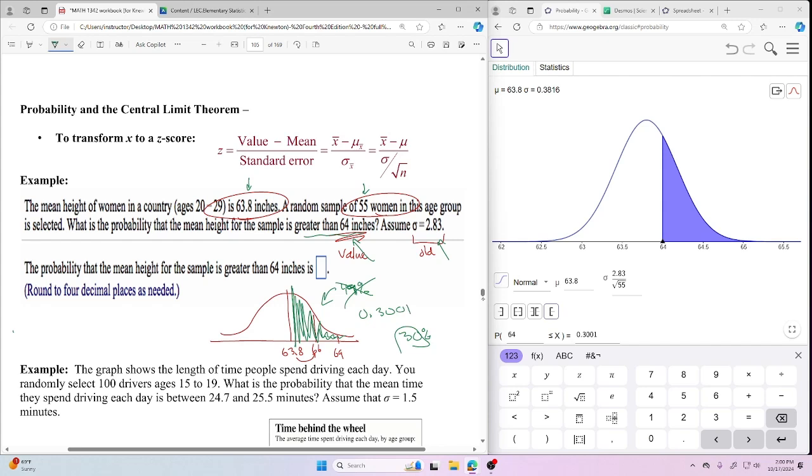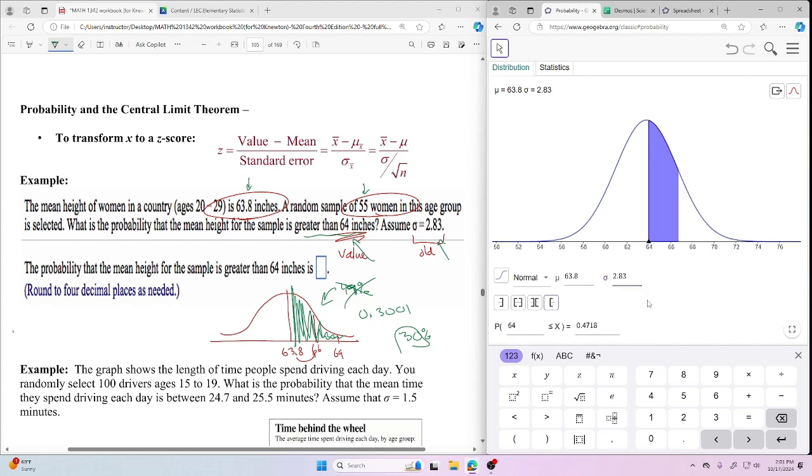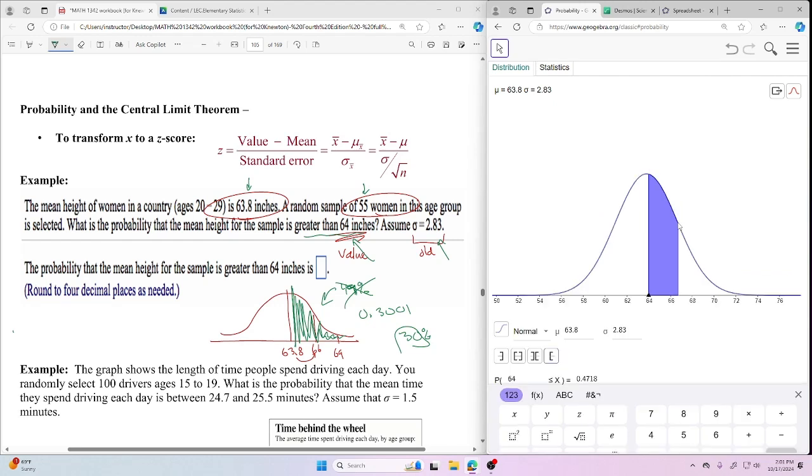There you go. Cool. But let's go see, were you right about the 49? If I did an individual, I'm going to take out the 55, and I want greater than 64.